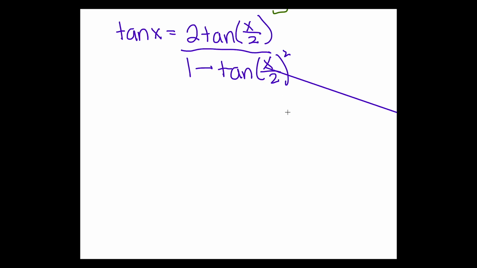So which part of this equation do we know? So where can I substitute a value into this equation? Before we even started any of this example, we found out that the tangent of x was 3 over 4. So I'll replace the left side of my equation with 3 over 4.